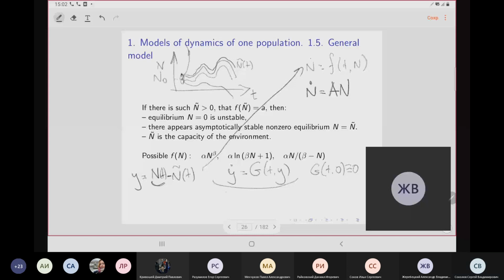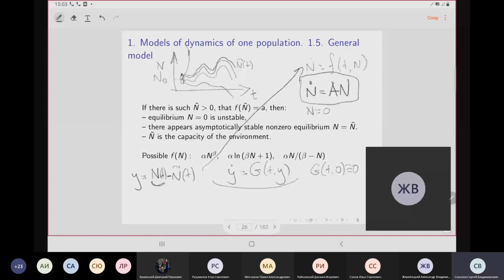Next one. If the equation is linear and we consider the trivial solution, when is it stable and when is it not stable? So it is like the Malthus equation, a linear one.